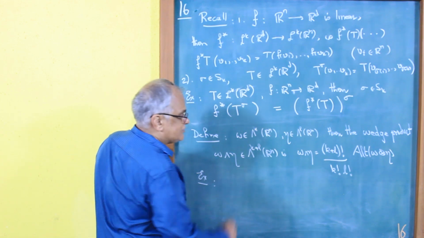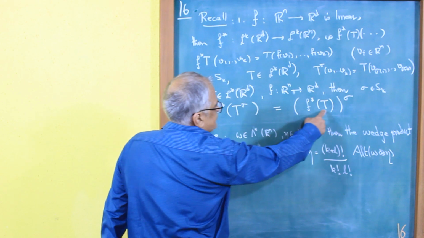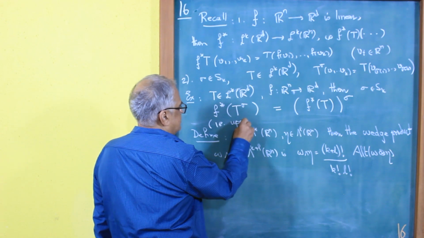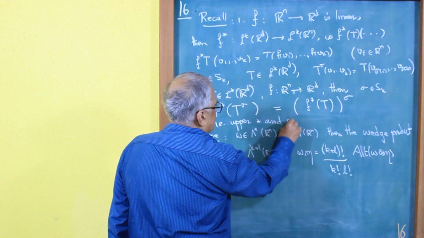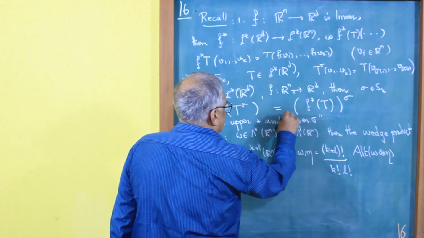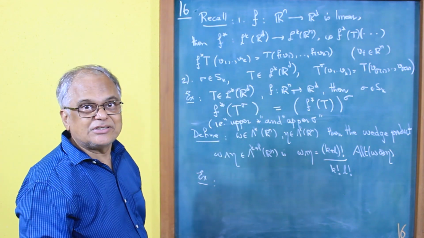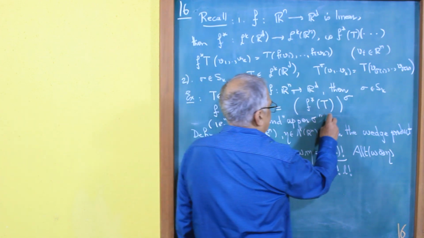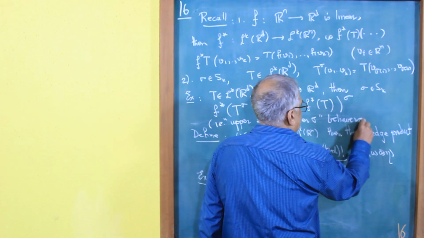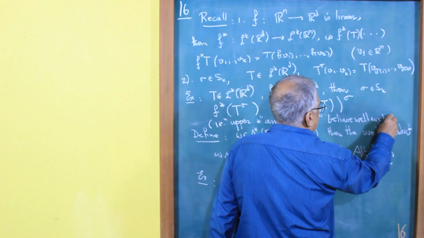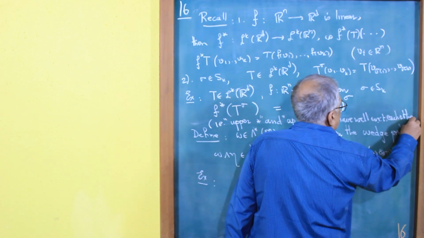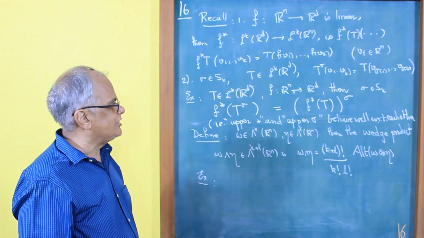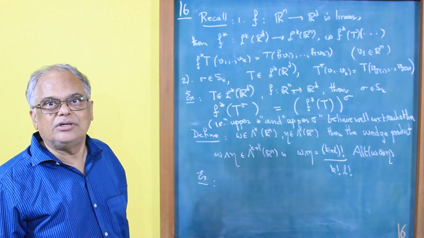So this statement that f star t sigma is f star t its sigma says that these two operations, upper star and upper sigma, behave well with respect to each other. Sorry about the small handwriting, but that is what I want to say.